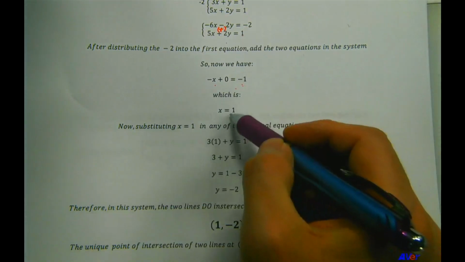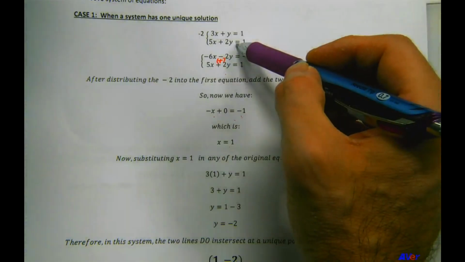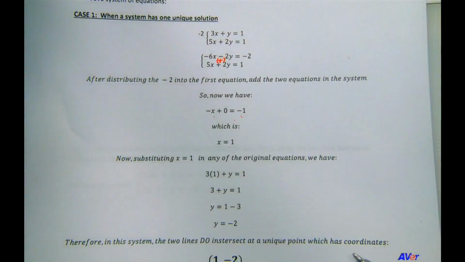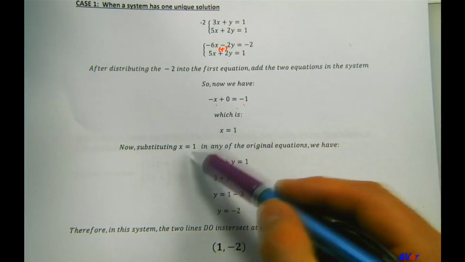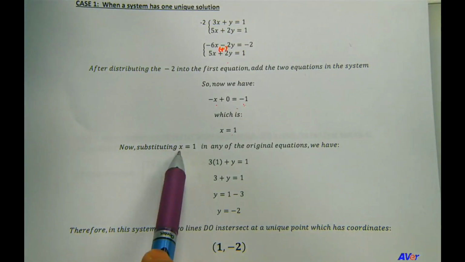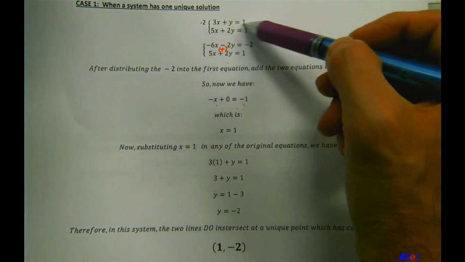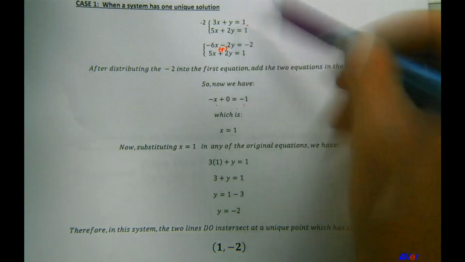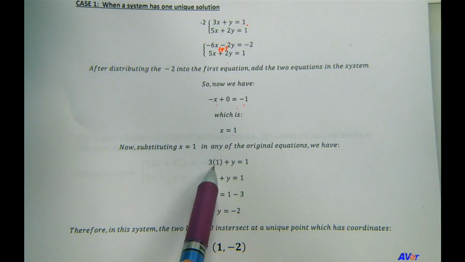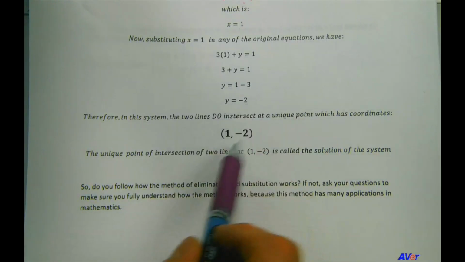Now, substituting this x equals 1 into any of the original equations will help you solve for y, the other variable, the variable that we eliminated. So that's what I did. I substituted this x equals 1 into the first equation in the system. So you can see 3 times 1 plus y equals 1, and then when we solve for y, we get the full solution, which is that.